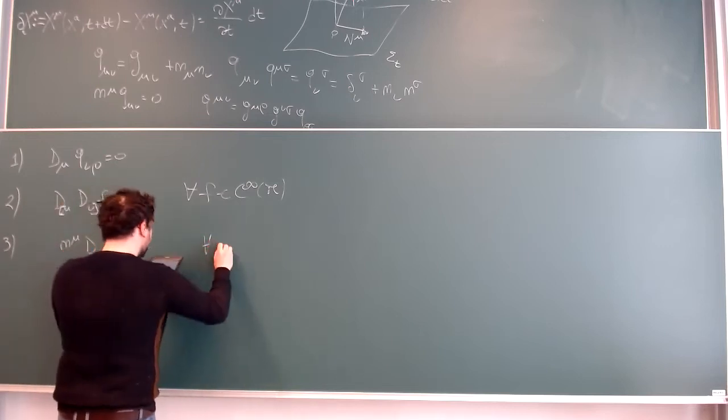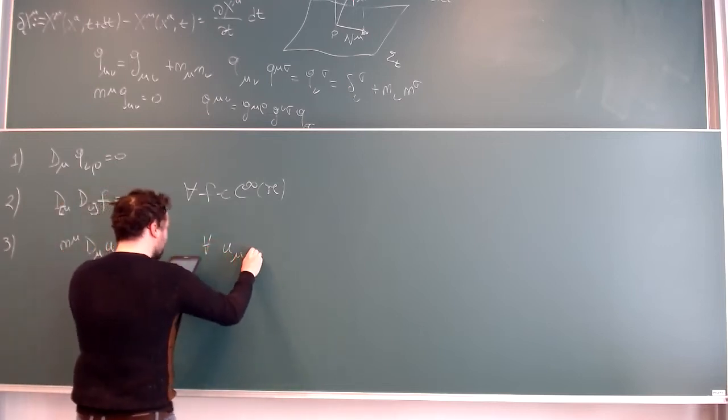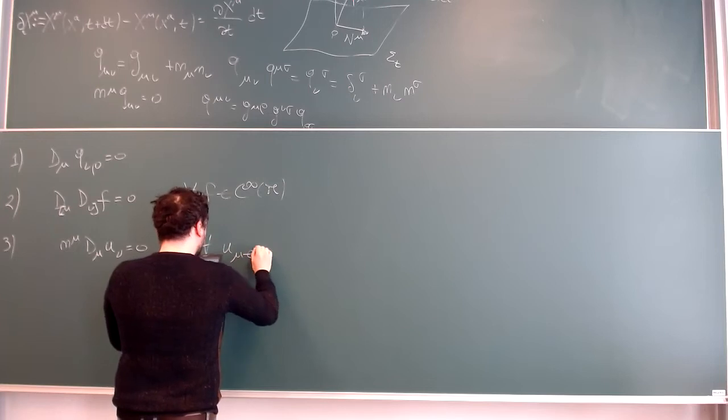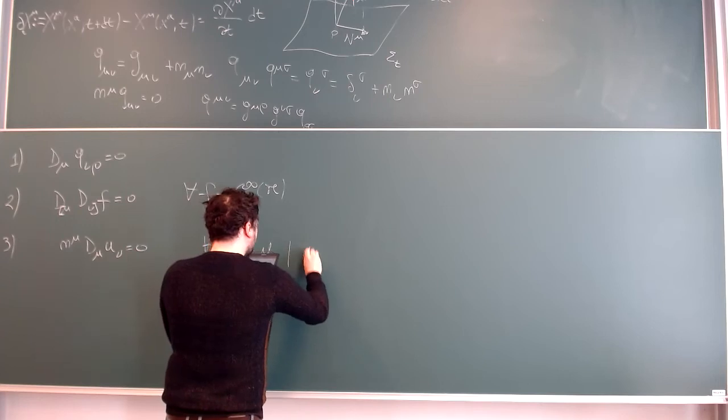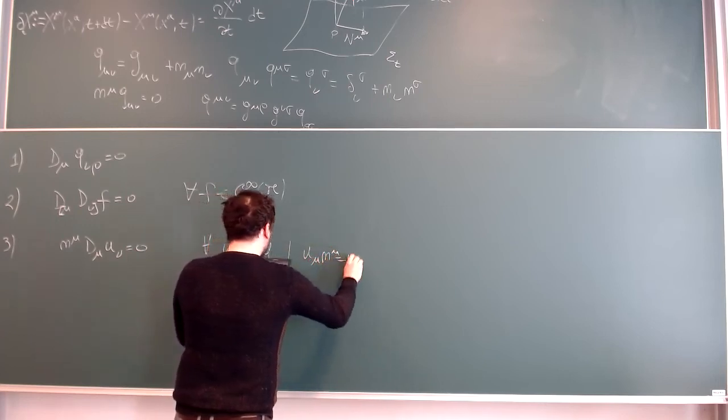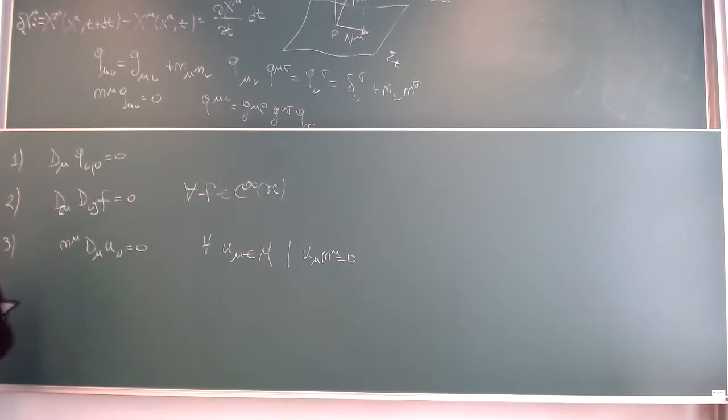This is for any u mu, I mean, just a vector on M such that u mu n mu equals 0. So this has to be general. Okay, sorry. This u has to be tangential, so it has to be orthogonal with respect to n mu. So it is a tangent of this sigma.